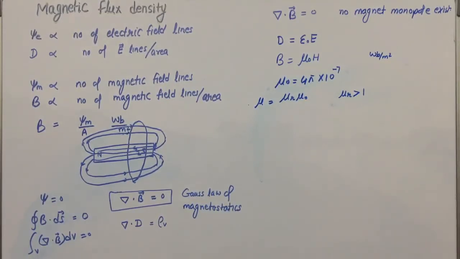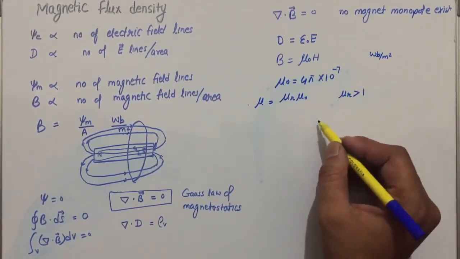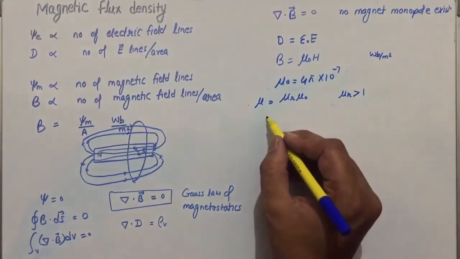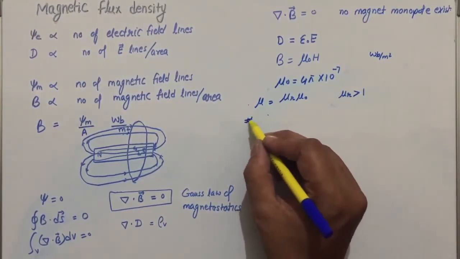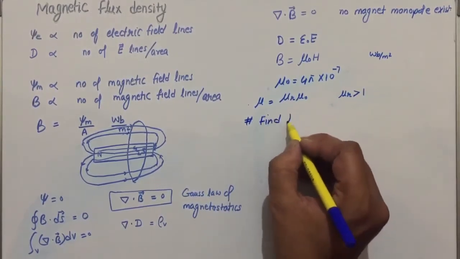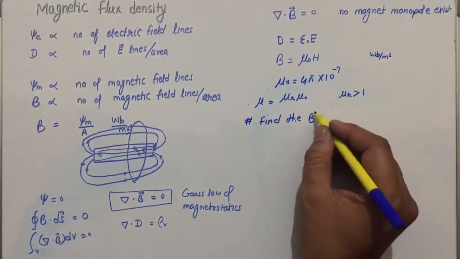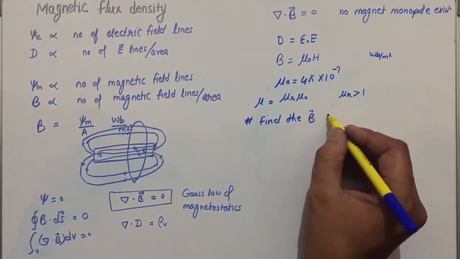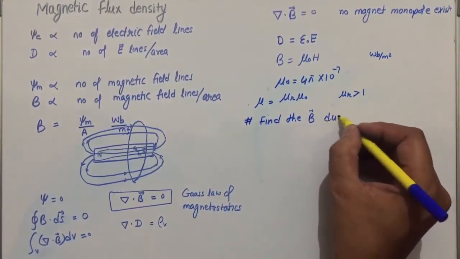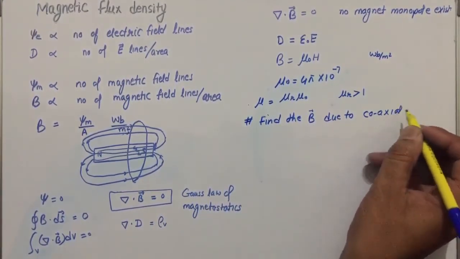Now we will try to find the magnetic flux density in case of coaxial cables. So let us try to find the magnetic flux density due to a coaxial cable.